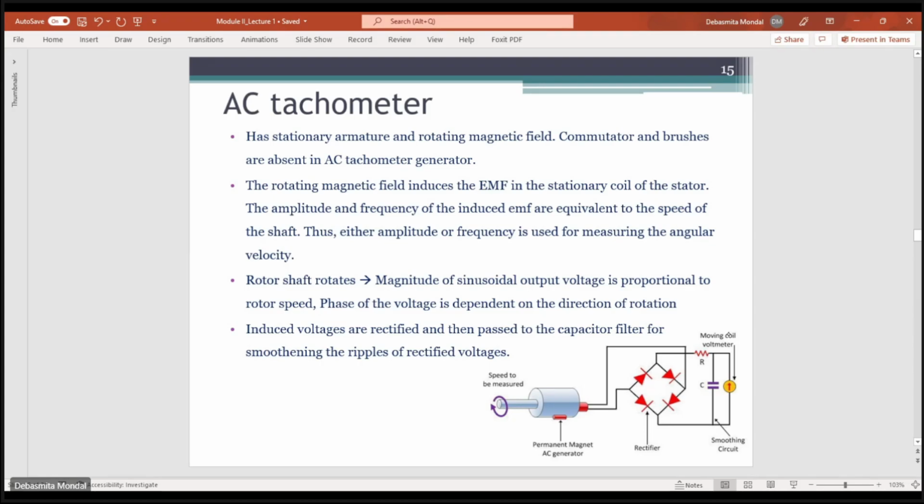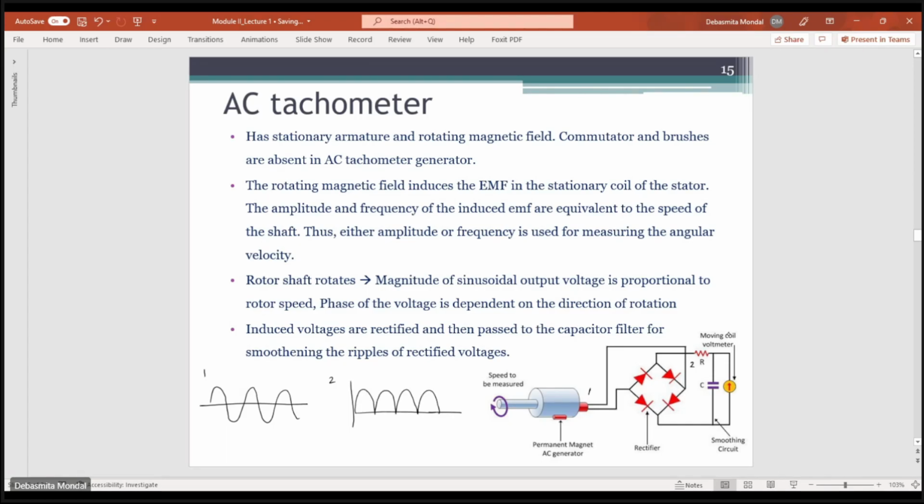Okay, so the output here will come something like this. Let's say the output at this position is 1. Then at 2, after this bridge rectifier circuit, it will be converted into a rectified voltage which looks like this.